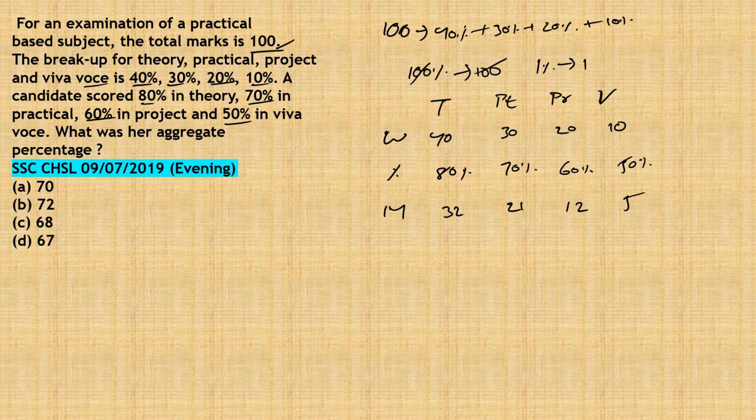The total marks she got are 32 plus 21 plus 12 plus 5, that is 70 marks. And the percentage is 70 upon 100 into 100, 100 gets cancelled, we get 70% as the answer. That is option number A.